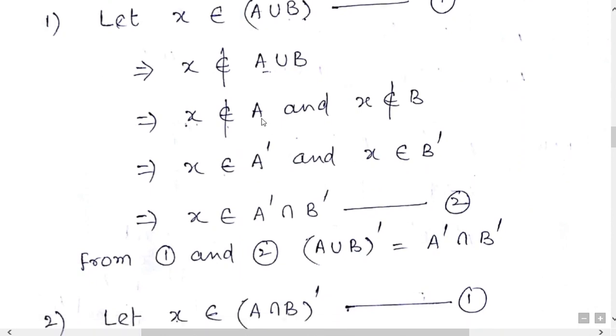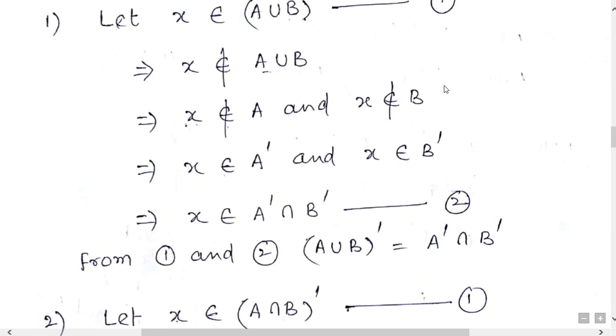Let us see the next step. If X doesn't belong to A, it means X belongs to A complement. Basically, if the element exists inside the universal set, then it either belongs to the set or the complement of the set. It means both possibilities are there. Either the element belongs to set A or to A complement.